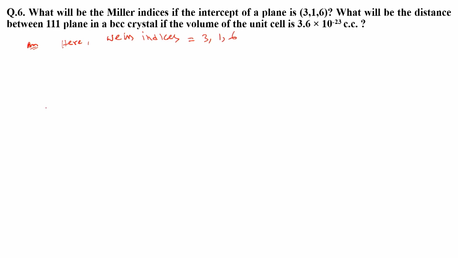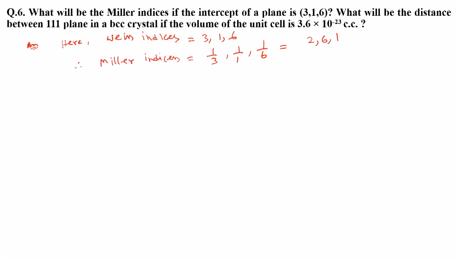The Miller indices are the reciprocal of the intercepts, as we already discussed. Therefore Miller indices are 1 by 3, 1 by 1, 1 by 6. If we multiply everything by 6, we get 2, 6, 1. So this is the Miller indices.